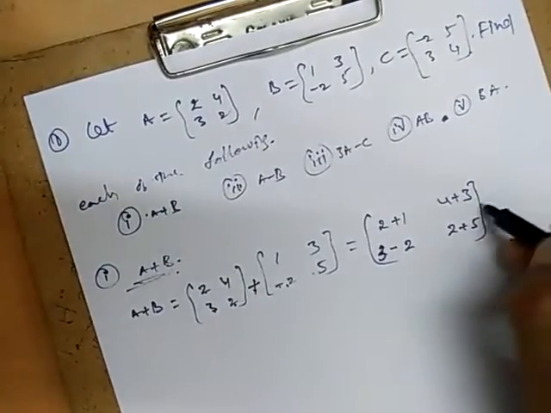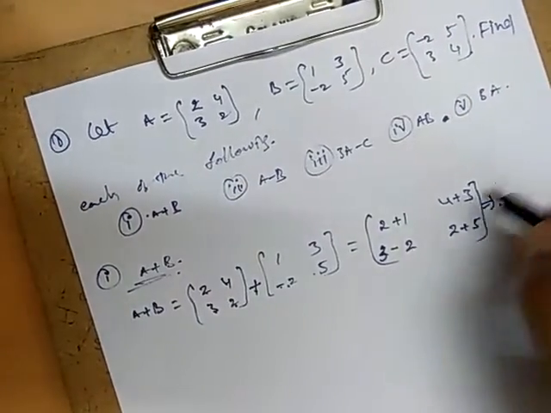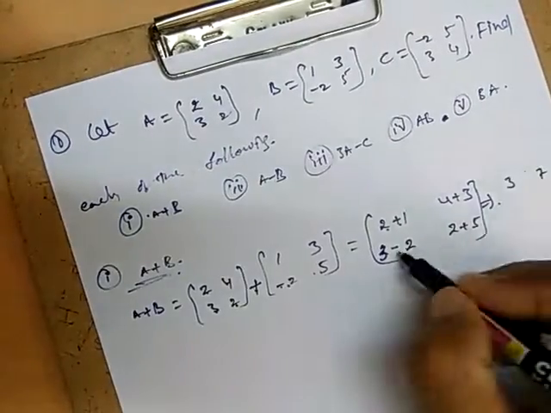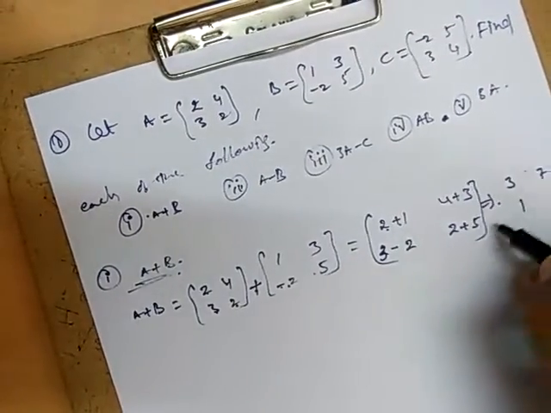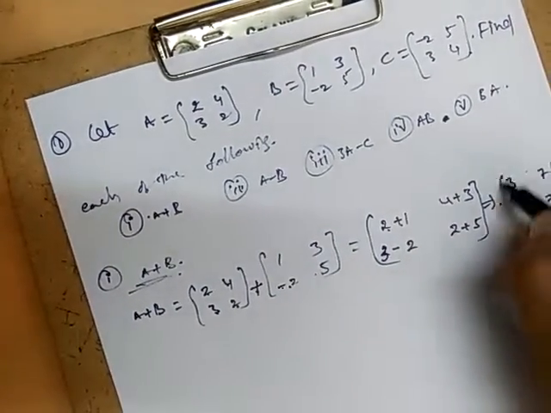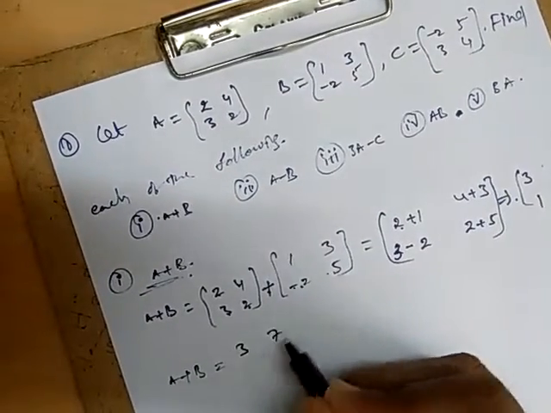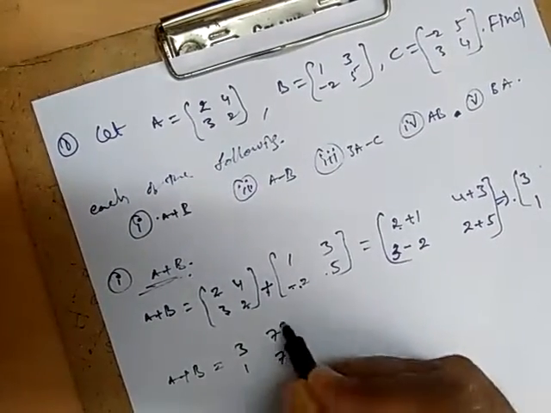That gives the resultant matrix 3, 7, 1, 7. This is A plus B. A plus B equals 3, 7, 1, 7.